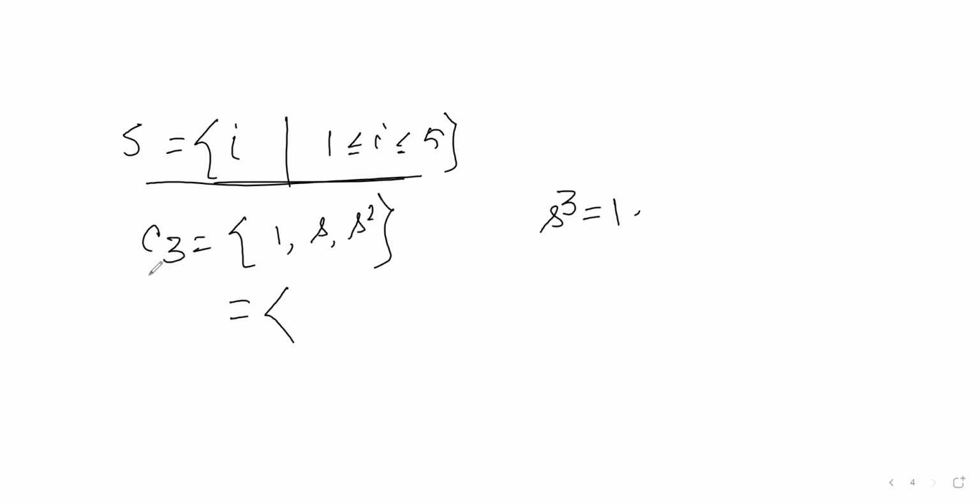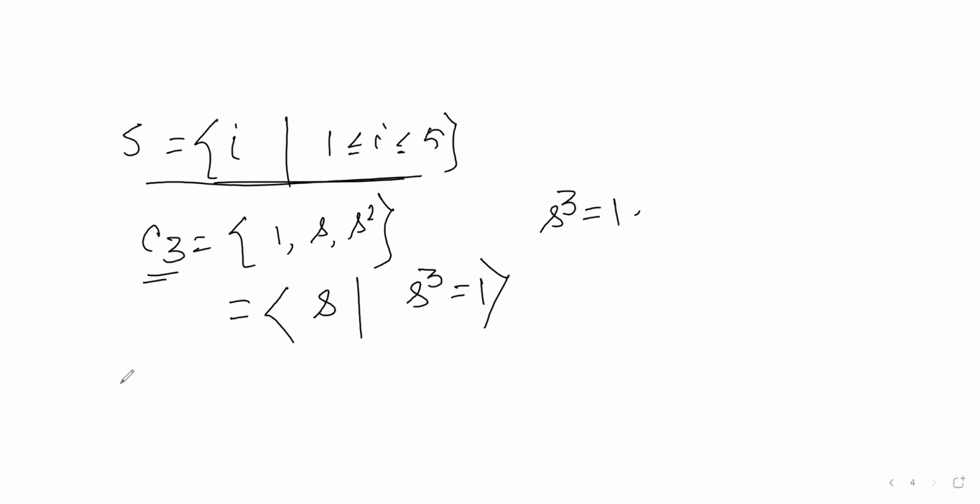So we can write this set like that: C3 is generated by the element S where S3 equals identity. Okay. So we get here that S3 is my identity. Okay.